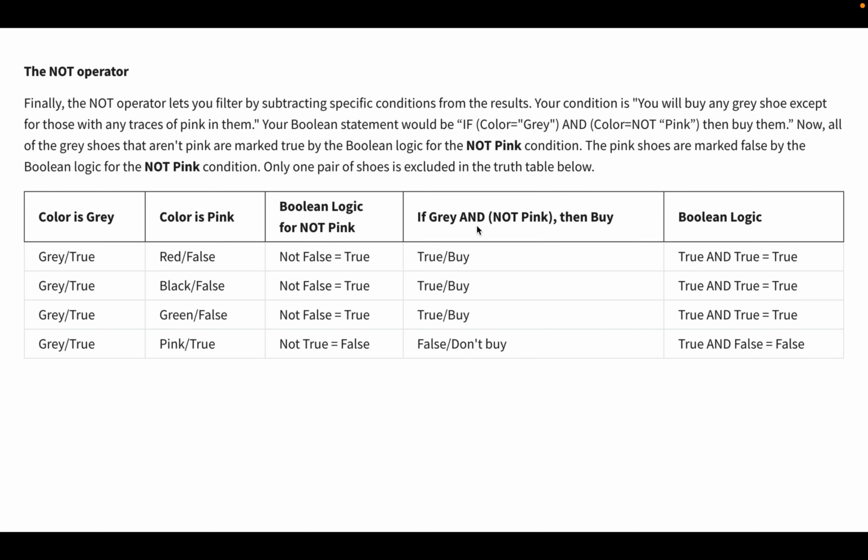And if gray and not pink, then buy it. So it means true and true, then buy it. True, buy it. True, buy it. True, buy it. True, false, don't buy it. The logic, see that? The first column and the third column, both true and true, so true, and true and false.